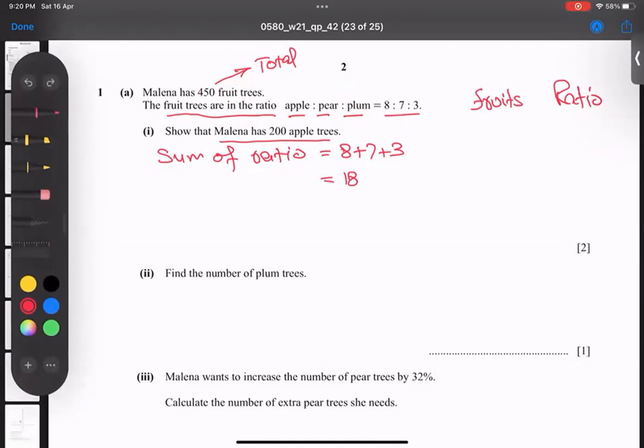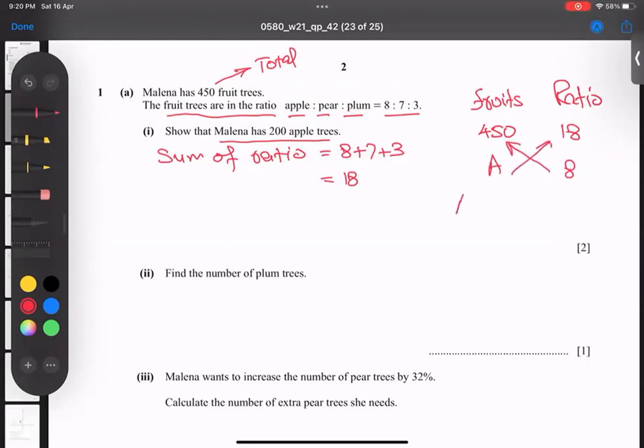And now you can see these fruits total are 450, and total fruits compare with the total ratio. So this becomes 18, and I need to find apple. Apple is here 8. So I will write 8 and here A for apple and simply cross multiply.